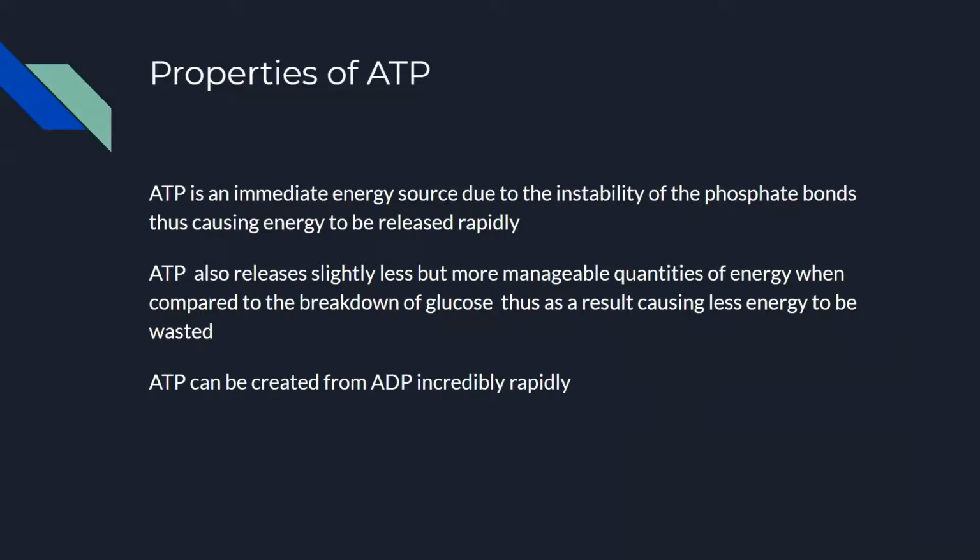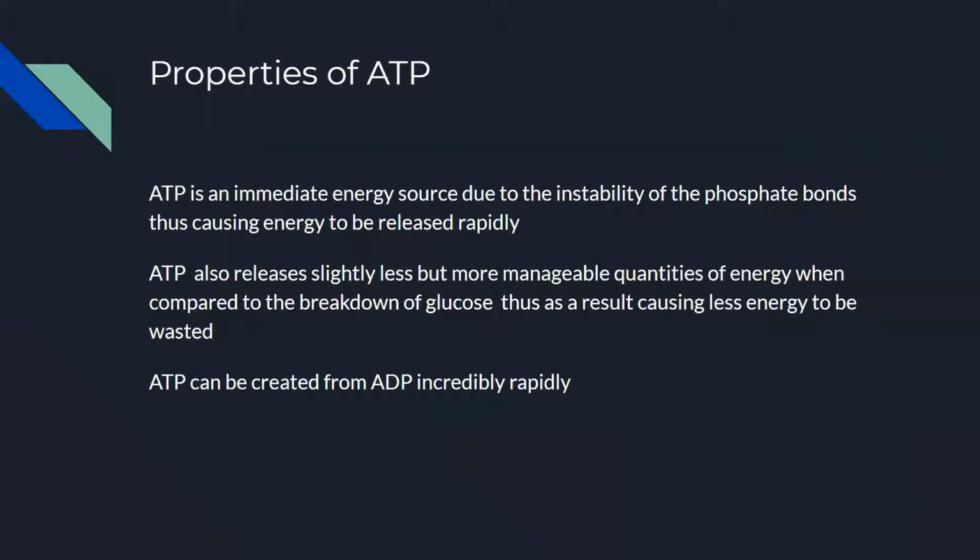So some of the main properties of ATP are that it is an immediate energy source due to the instability of the phosphate bonds, because they can be easily broken, and therefore the energy can be rapidly released. ATP also releases slightly less energy than, let's say, glucose. However, the energy that is released by ATP is in smaller, more manageable quantities, therefore helping to reduce the amount of energy wasted when energy is required.